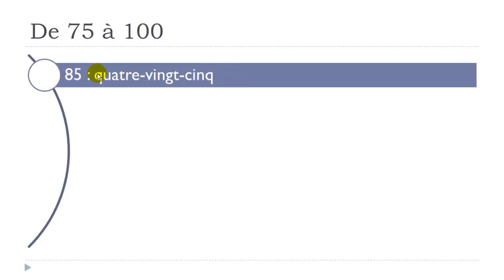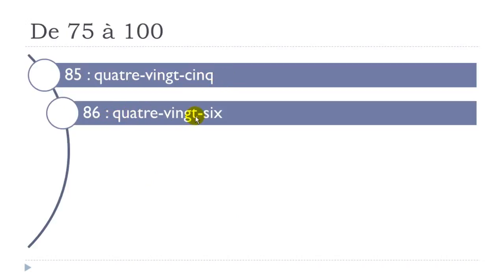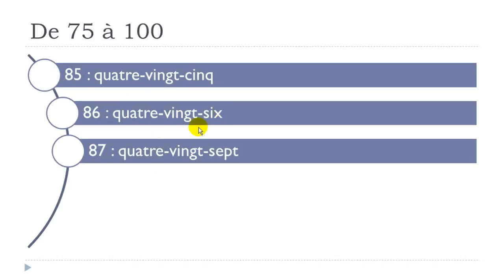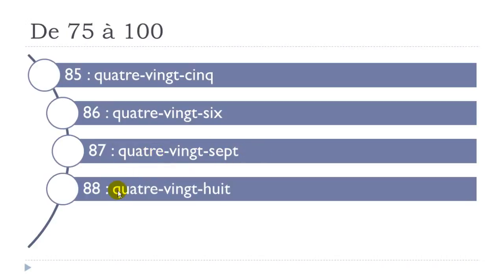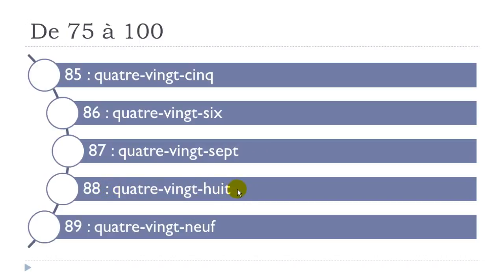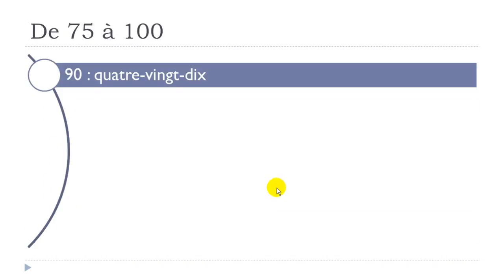85. 86. 87. 88. 89. And now for 90, well, basically it would be the same thing as we had for 70.